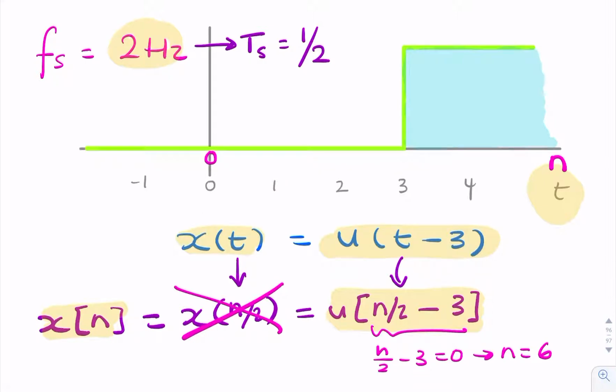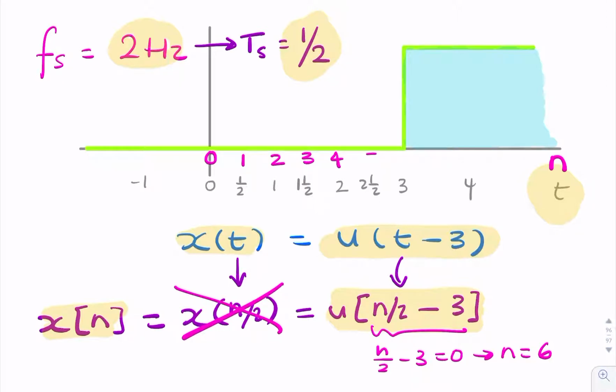That starts at 0, then you'll have 1, 2, 3, 4. Why did I put 1 there? Because my sampling period is half a second. So that's half a second there. That's 1.5 seconds, 2.5 seconds. This is my time axis. And what I'm trying to do is to sketch the discrete time axis, which is n.